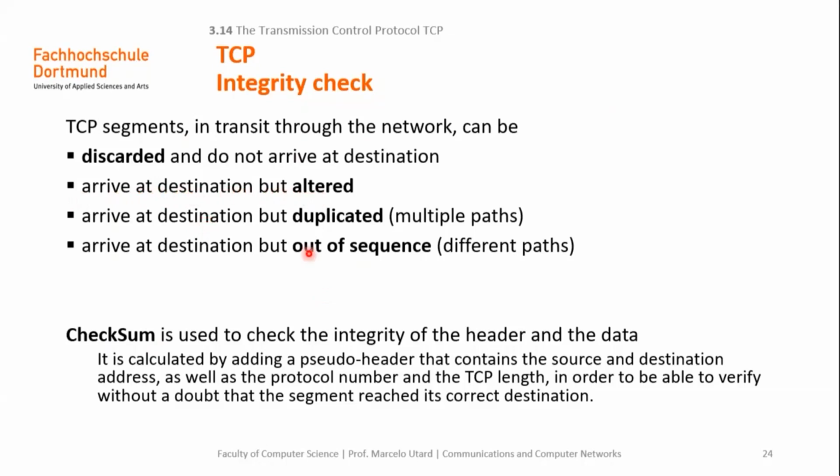Then the checksum is used to check the integrity of the header and the data. It is calculated by adding a pseudo header that contains the source and destination address, as well as the protocol number and the TCP length, in order to be able to verify without a doubt that the segment reached its correct destination.